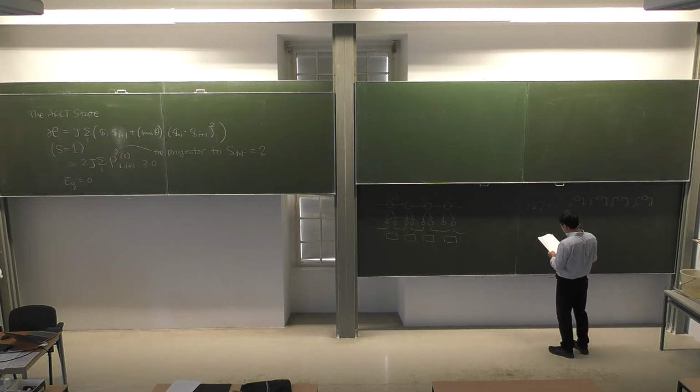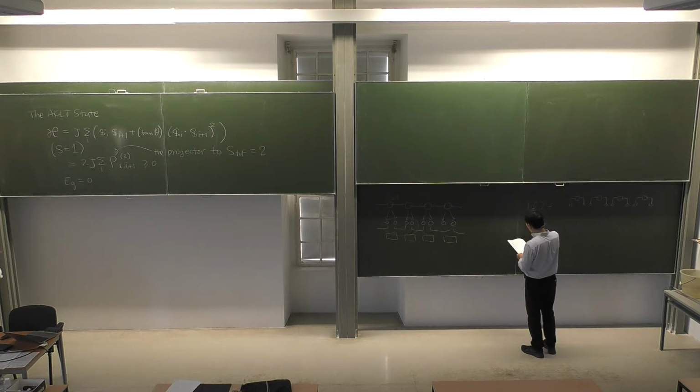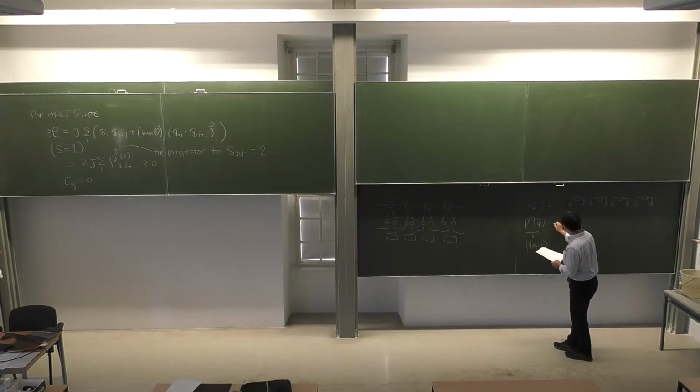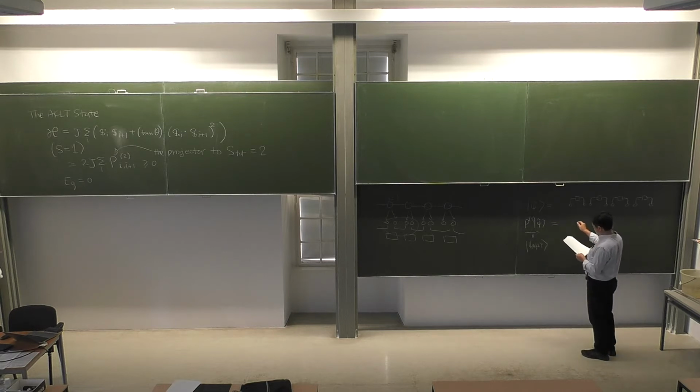And after that, we apply the projection operator to the spin 1 state. And this is actually the AKLT state.